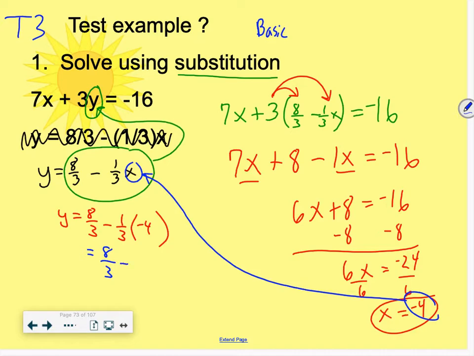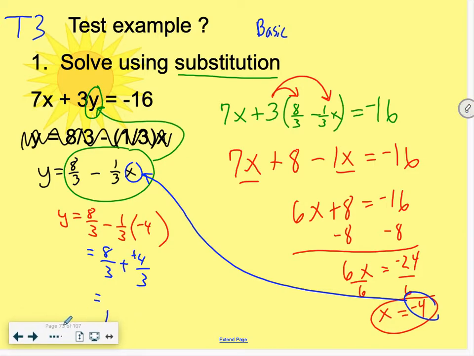So this becomes minus a -4/3, which becomes plus 4/3. To add fractions, you need a common denominator, which we have. So we keep the common denominator, add the numerators, we get 12/3, which is 4. So the solution to the system is the point -4, 4.